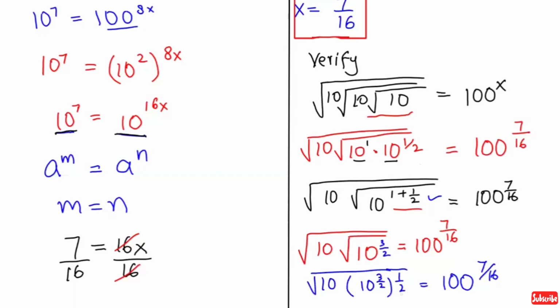Now this time the powers are going to be multiplied. So this will turn to 3/4. Root 10 times 10 to the power of 3/4 is equal to 100 to the power of 7/16.